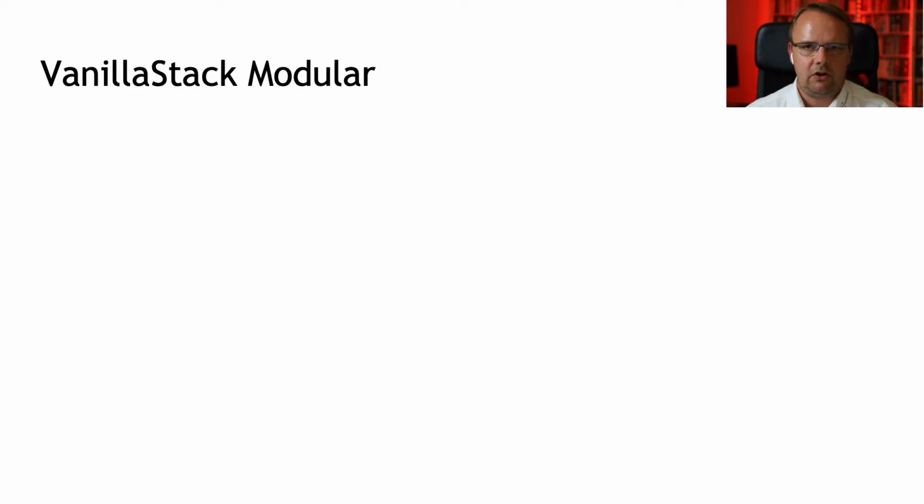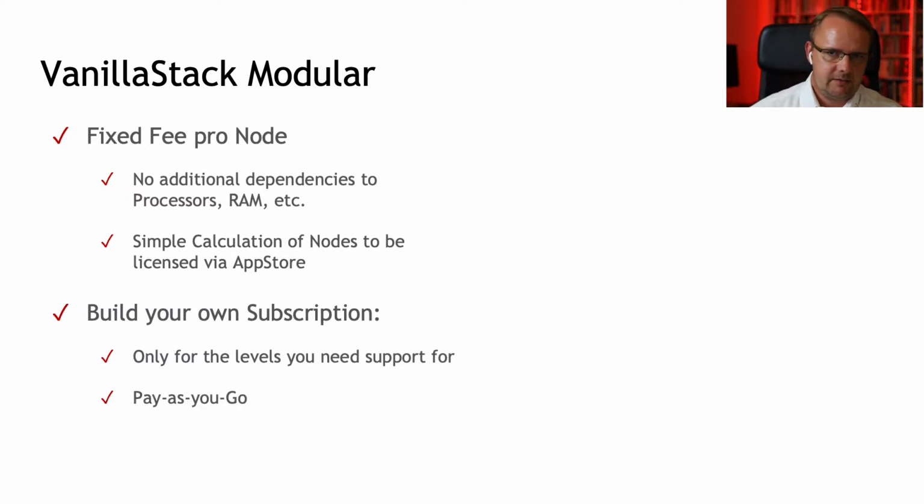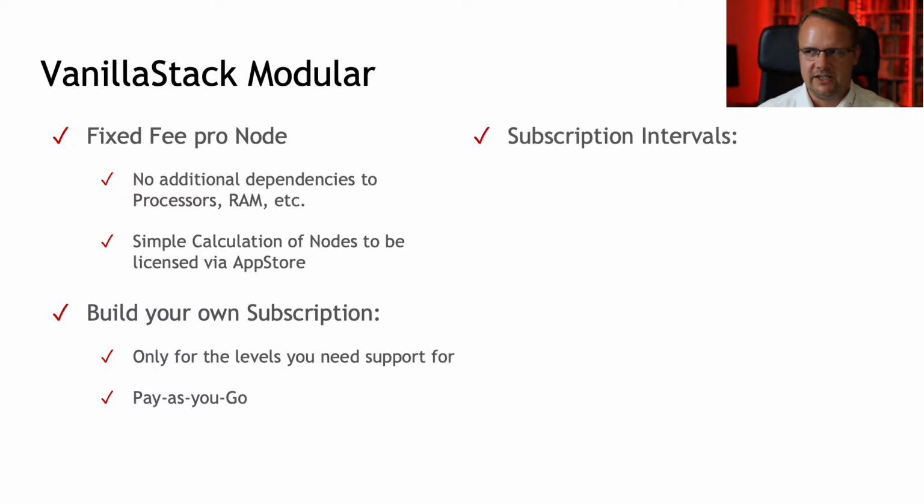Because what we also offer is a second support option, which is called VanillaStack Modular. And the idea behind that is, again, you just pay per node and you build your own subscription. You only pay for the levels you need support for. It's a pay-as-you-go approach, so you just pay as long as you need it.